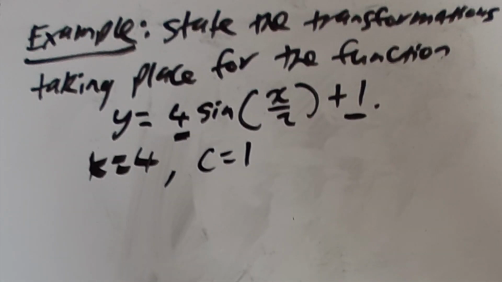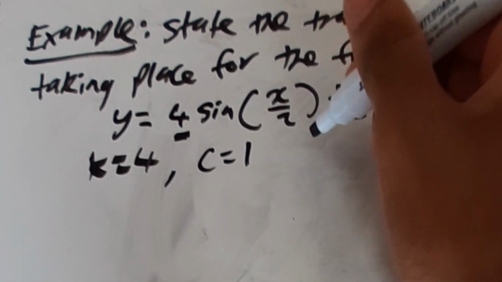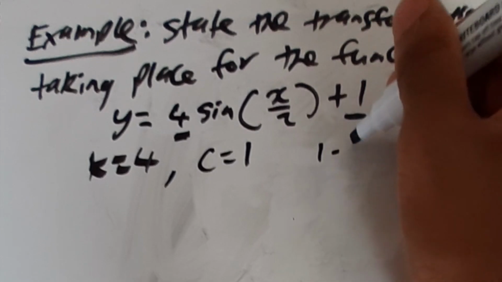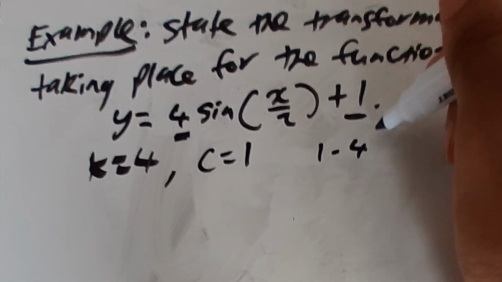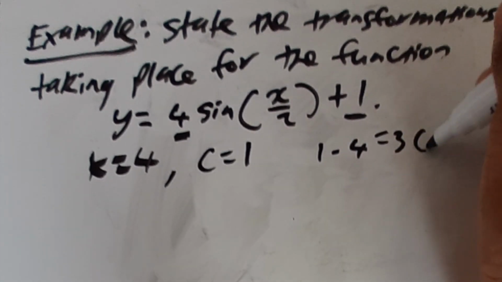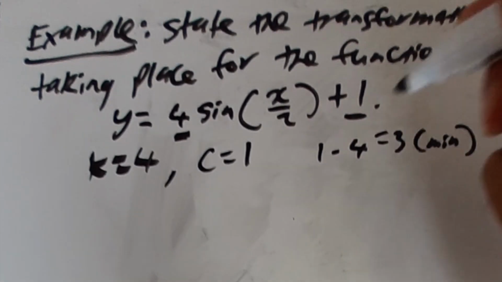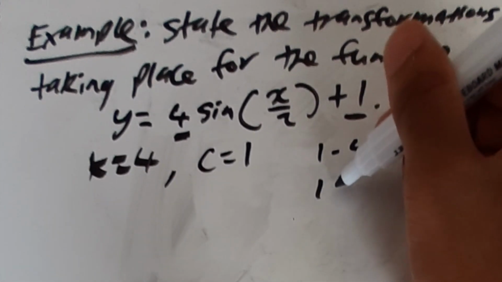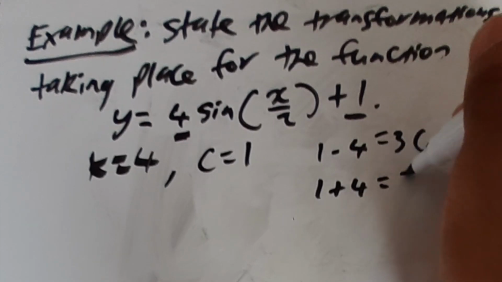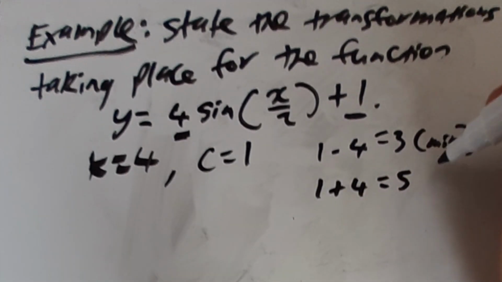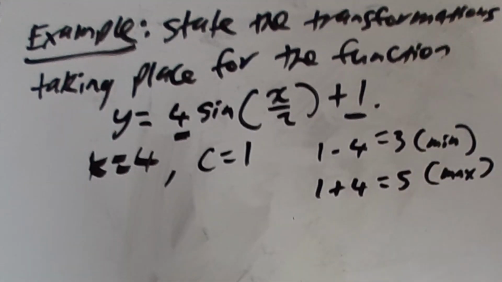This means the minimum value of the function is our center take away our amplitude, which is 3, that's our minimum value for the function. And our maximum value of the function is our center plus our amplitude, which is equal to 5. That's our max value for the function.